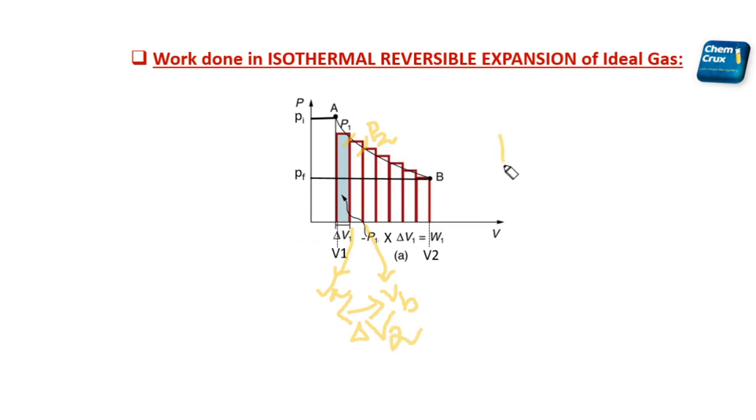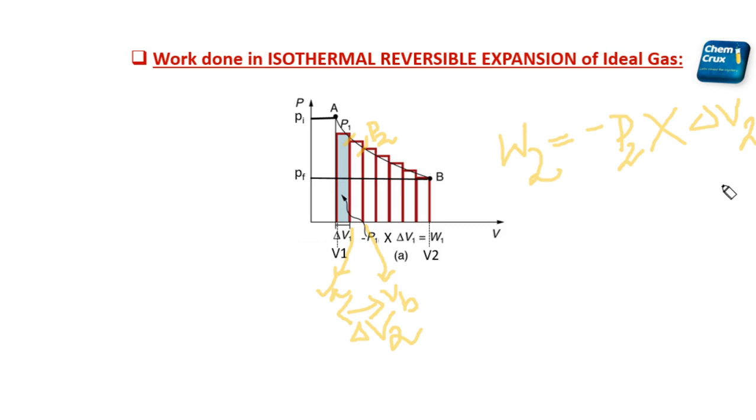So work done for the second step is equal to minus P2, where P2 is the pressure against which the volume change has occurred, into delta V2, where delta V2 is the change in volume for the second step.